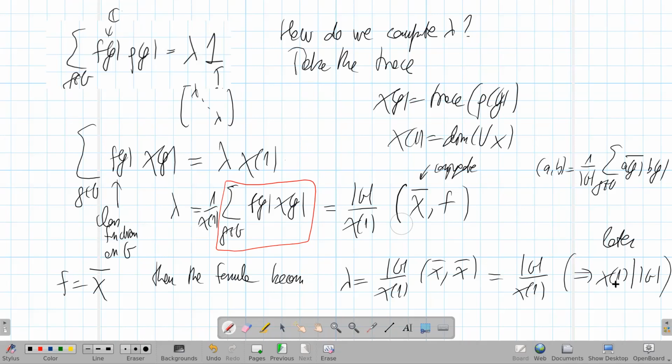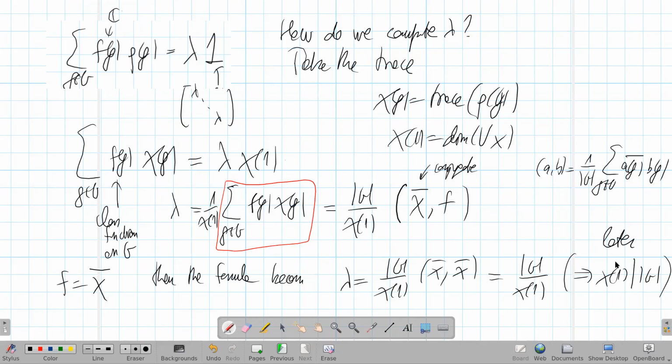But for instance, in S3, we had irreducible characters of degree 1, 1, and 2, which are all divisors of the order 6 of S3. And when we had S4, for instance, we had 1, 1, 2, 3, 3 as the degrees of the irreducible characters. And of course, 2 and 3 divide 24, which is the order of S4.